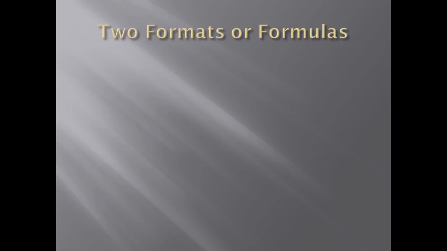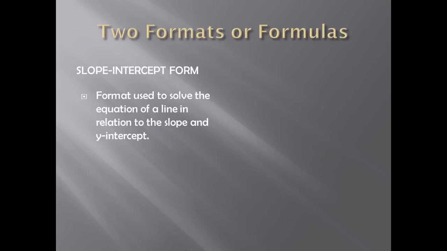So there are two formats for linear equations, and the first format is the slope-intercept form. In this form, we have an equation of a line in relationship to the slope and the y-intercept, and that formula is y equals mx plus b.